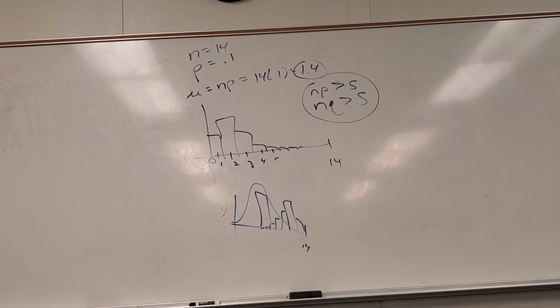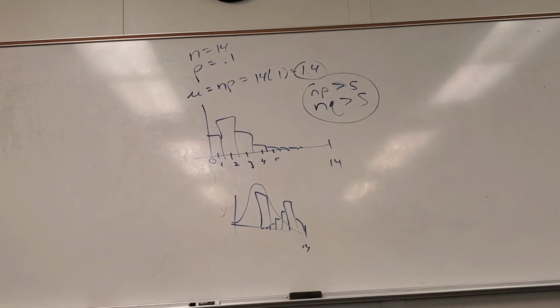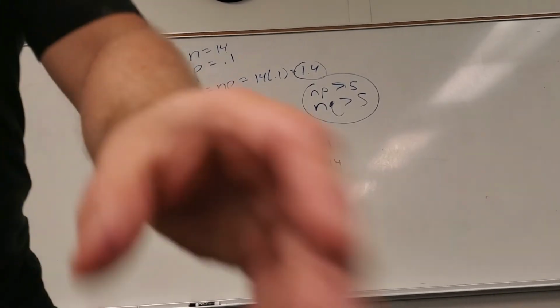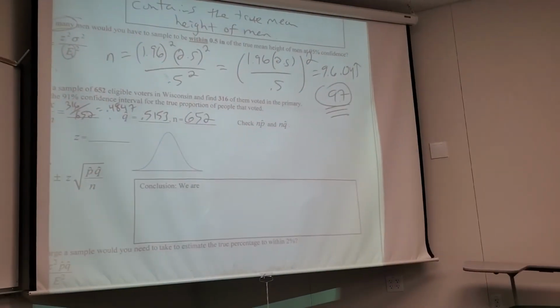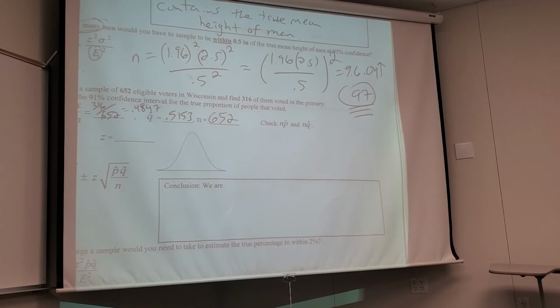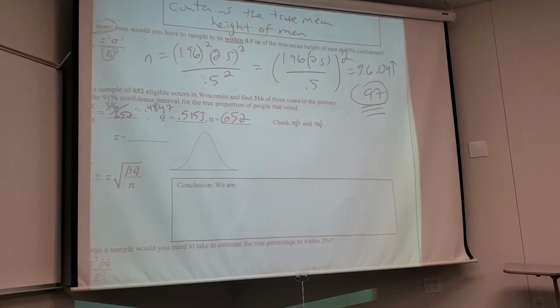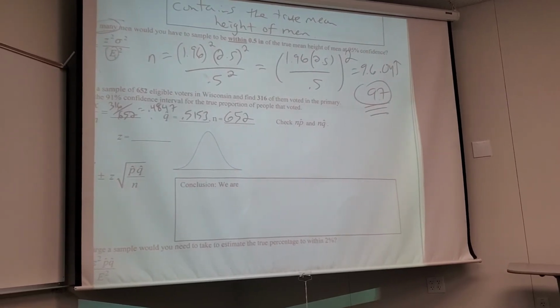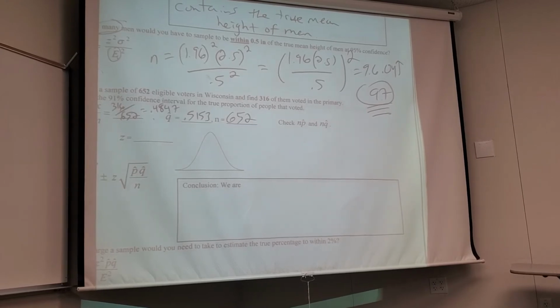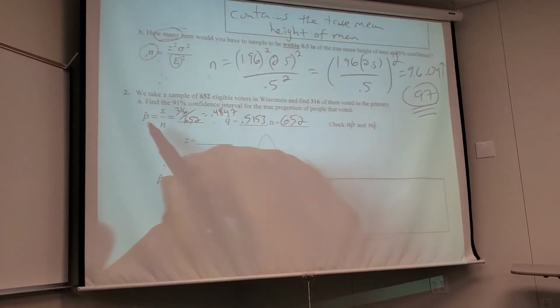So, look what this chart says. Why does it say n p hat and n q hat? Because we don't know what the p and the q are, so we use the best guess. Some of you guys will realize what I'm about to say. How did I get p hat?